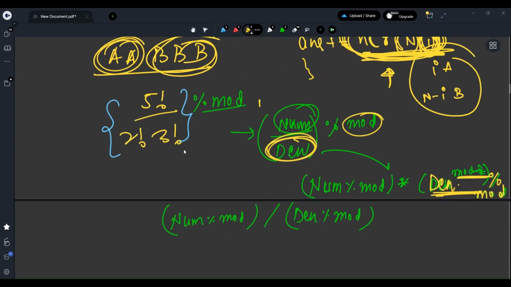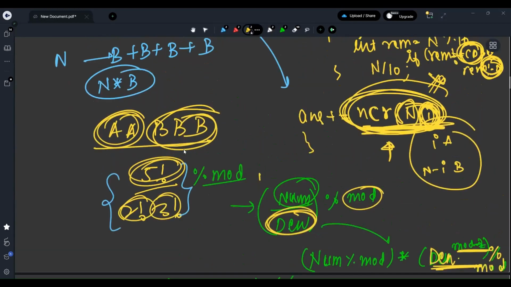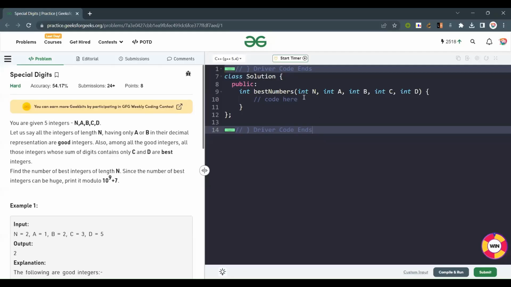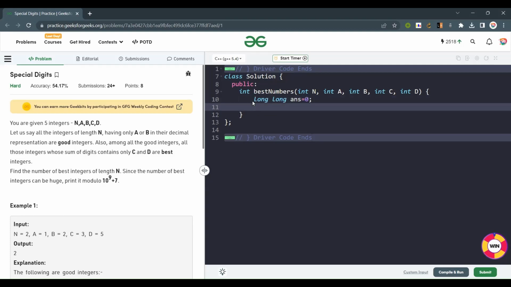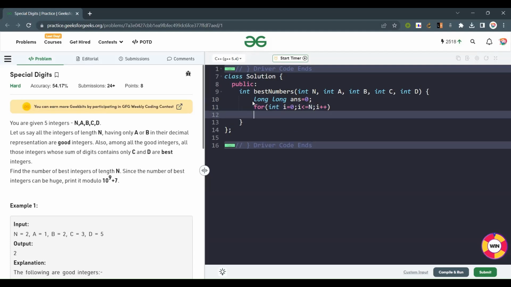Now, this is a factorial that we get using the factorial function. So let's better understand by writing the code. The first task is to generate all the combinations, store them, and check whether each is a good integer or not. So I will start from 0, i less than or equal to n.